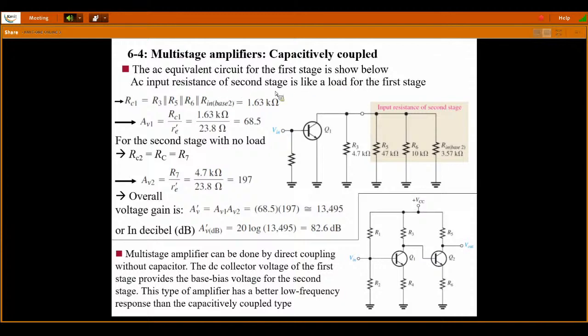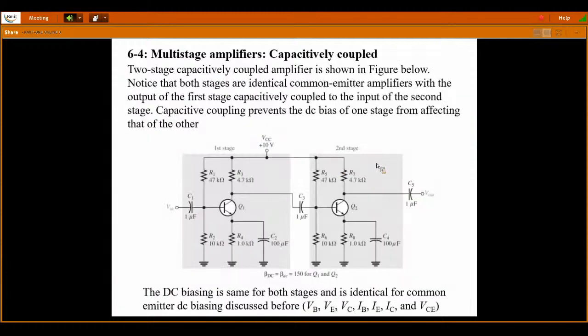The AC input resistance of the second stage is like a load for the first stage. So RC1 is equal to the load for the first stage, R3 in parallel with R5 in parallel with R6 in parallel with the base input resistance. R3 is nothing but the collector resistance.